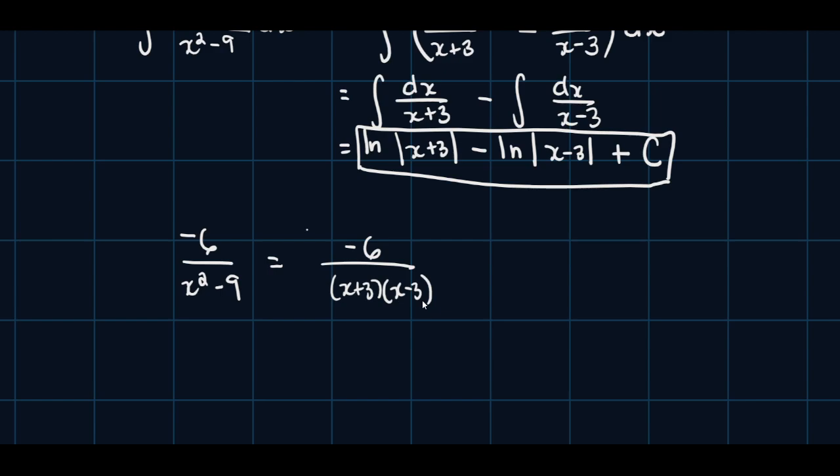Now, we showed earlier that when our rational expression looks like this, we can write it as a combination of something all over the individual factors of the denominator. So we can write this as something all over x plus 3 plus something all over x minus 3.